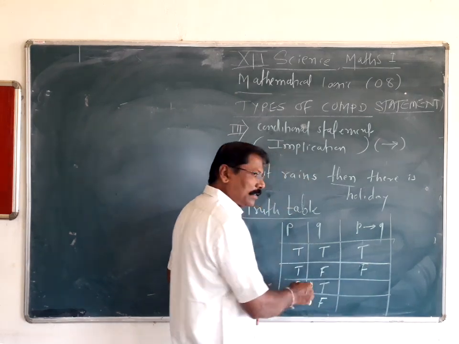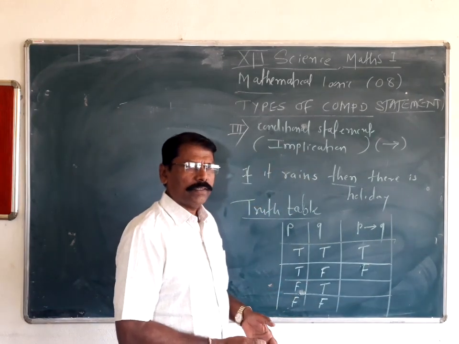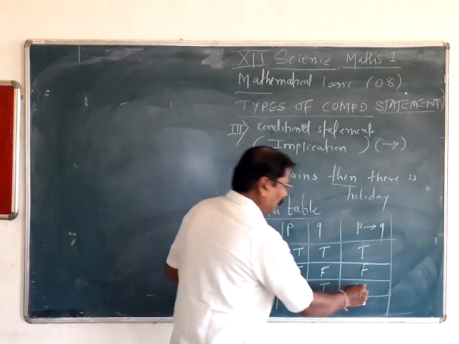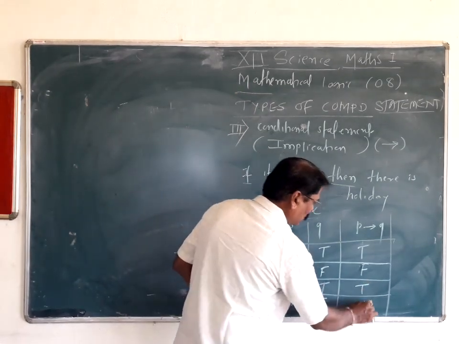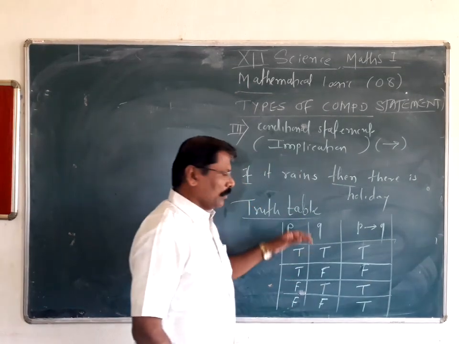And if the antecedent is false and the consequent is true, the statement is true, and this also is true. So this is the truth table.